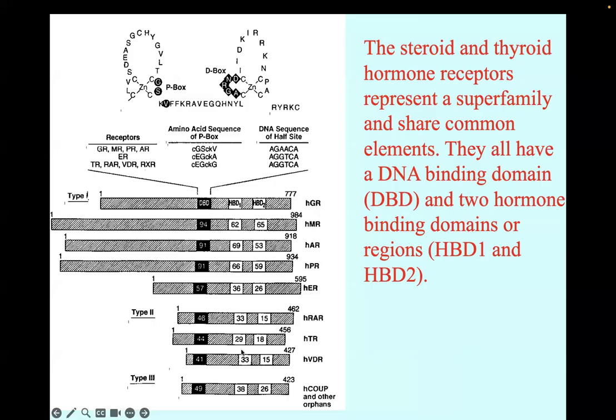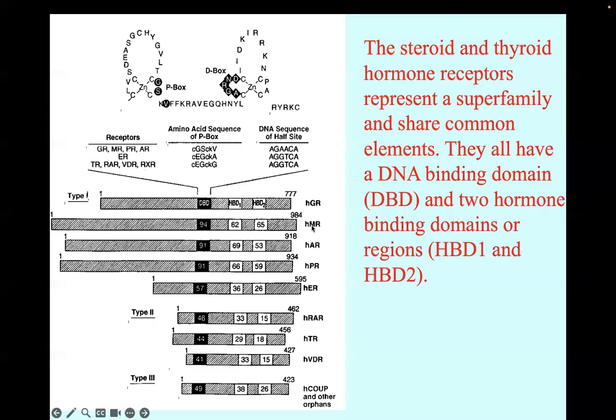The steroid hormone receptor is a family of receptors which arose in evolutionary time by gene duplication of that original gene. There is one for each hormone. For example, here H stands for human, the human variant, for glucocorticoid receptor, which is involved, among other things, in the stress response.